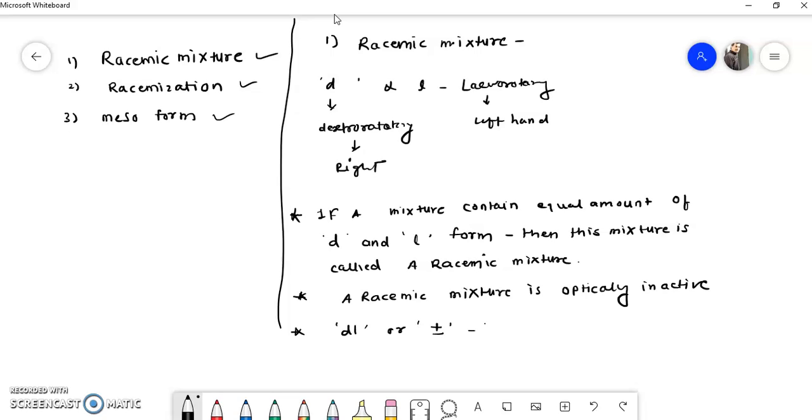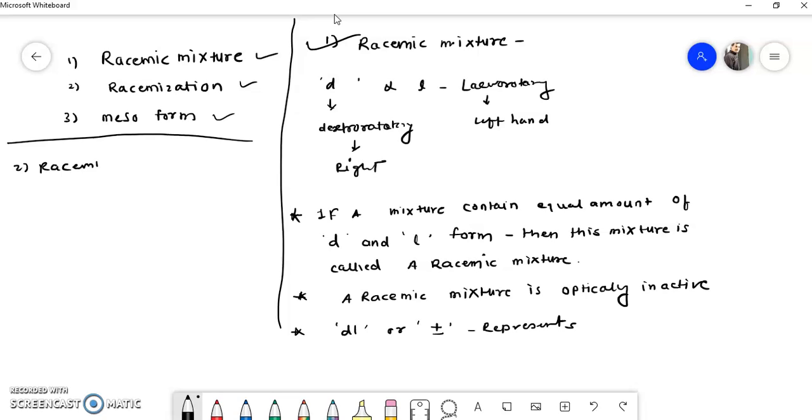In this way we can represent the racemic mixture. I think it is very simple to understand. So that is the first point, the racemic mixture. Now we will see the second point, that is, what is racemization.